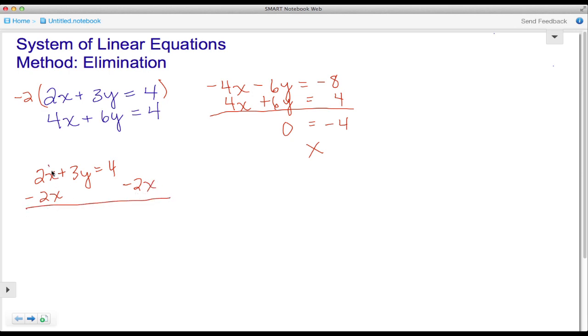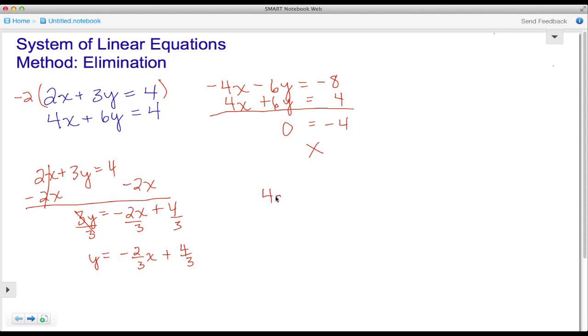In doing so, the x terms cancel, and I have 3y is equal to negative 2x plus 4. Again, I like the term with the x first because that puts it closer to the slope intercept. And then I'm going to divide each term by 3. Those 3's cancel, so I have y is equal to negative 2/3 x plus 4/3 for the first equation.